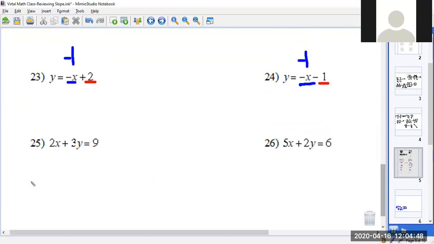All right. So I want you to tell me what is the first thing that I'm going to do? Subtract 2x from both sides, but you're not going to put it directly underneath the 9. Because if I put it underneath that, my brain is going to think I have to subtract that.